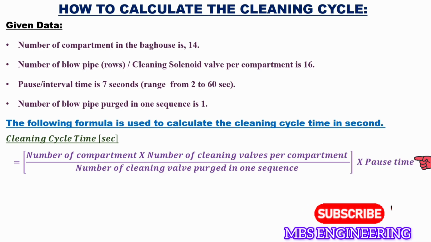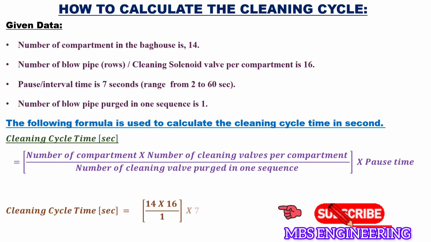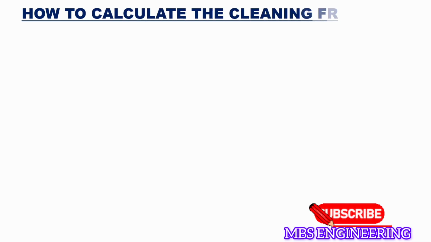The result is then divided by the number of cleaning valves purged in one sequence. The cleaning cycle time in seconds is equal to 14 times 16 times 7, and the result is then divided by 1. Therefore, the obtained cleaning cycle time is 1568 seconds.